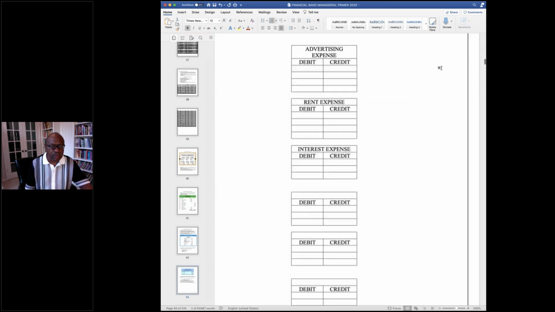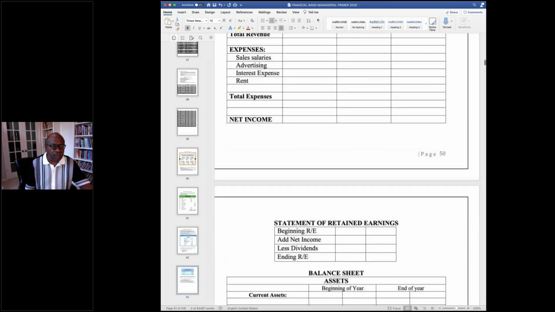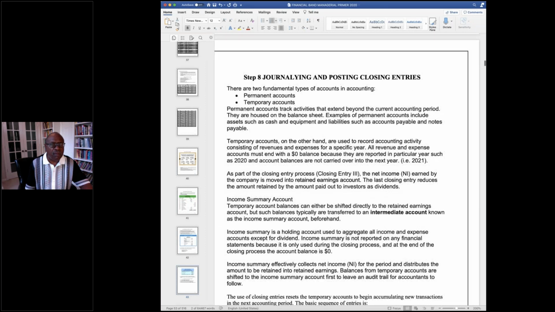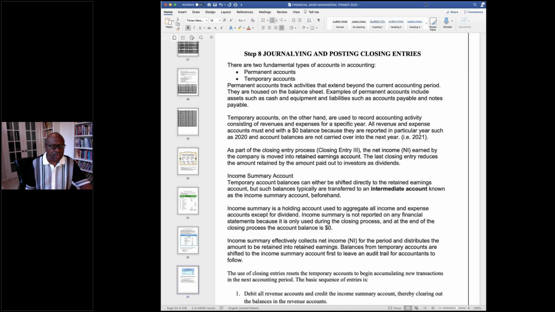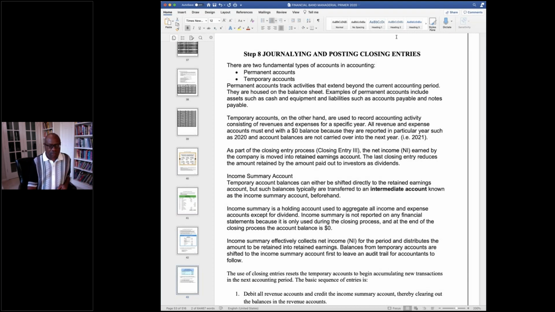We can get closing entries in here. Journalizing and posting closing entries. Closing entries are entries that we make at the end of the period.